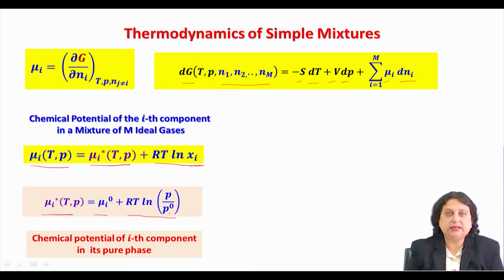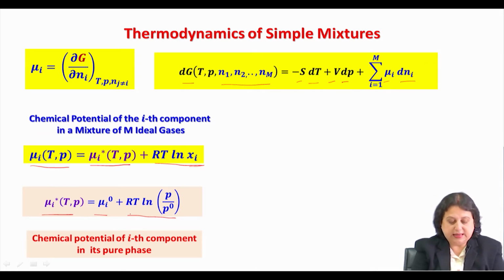We have already seen that mu_i naught is the standard chemical potential at the temperature T, and this corresponds to the standard pressure equal to 1.0 bar.